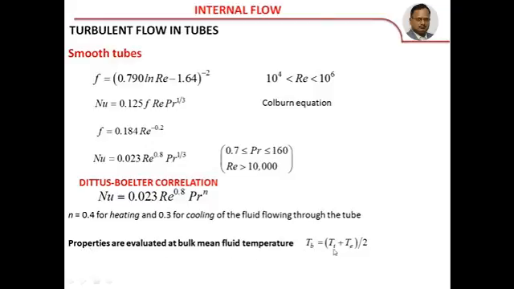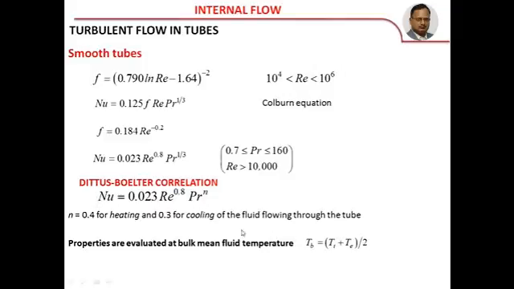That temperature is the average bulk fluid temperature or bulk mean temperature. That bulk mean temperature is defined as the average of inlet temperature plus exit temperature of the fluid. So Tb is equal to (Ti plus Te) by 2.